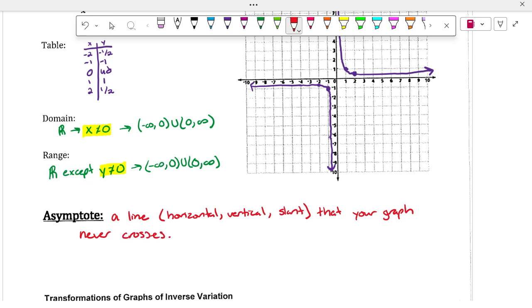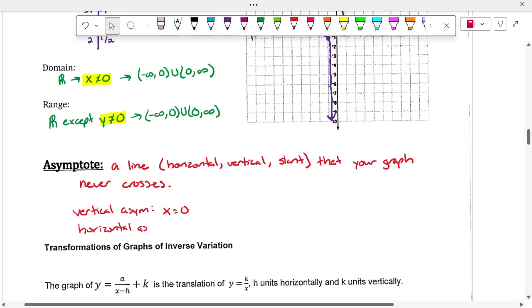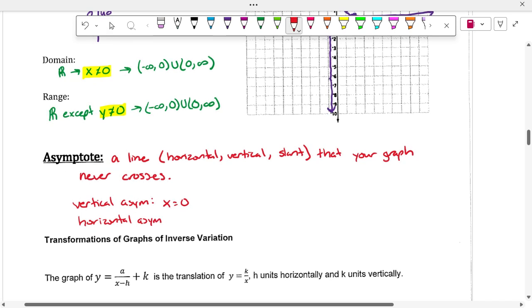So it gets infinitesimally close, but it will never actually cross. So the asymptotes for this graph, your vertical asymptote is x is equal to 0. Your horizontal asymptote is y is equal to 0.